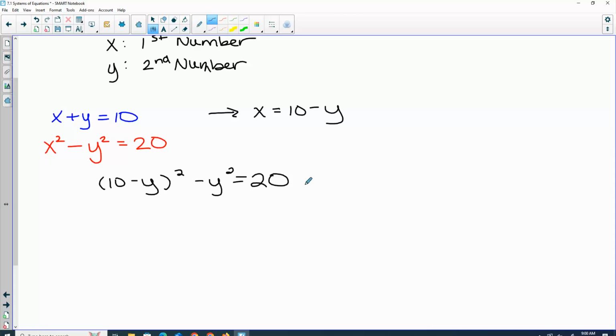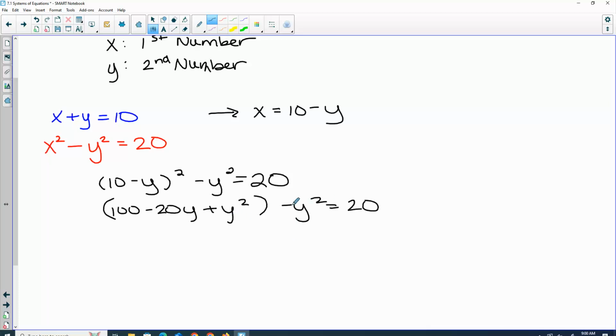So how do I do 10 minus y squared? Remember, there's 2 of them, so if you FOIL, you get 100, minus y, negative y times negative y is positive y squared.